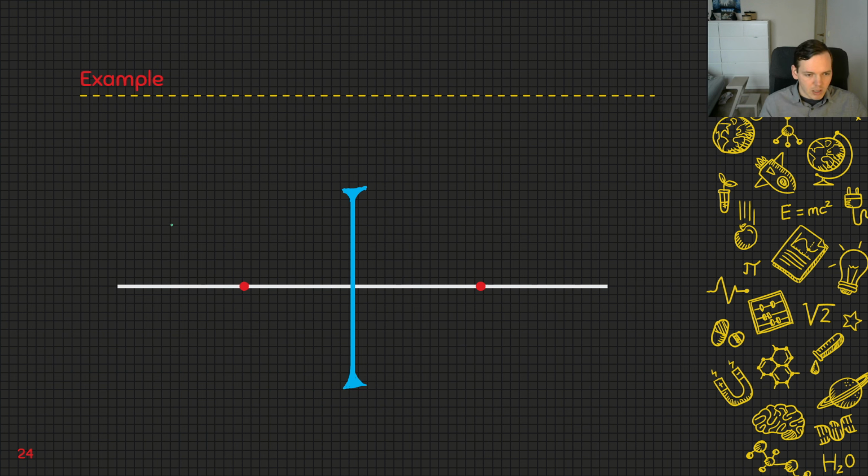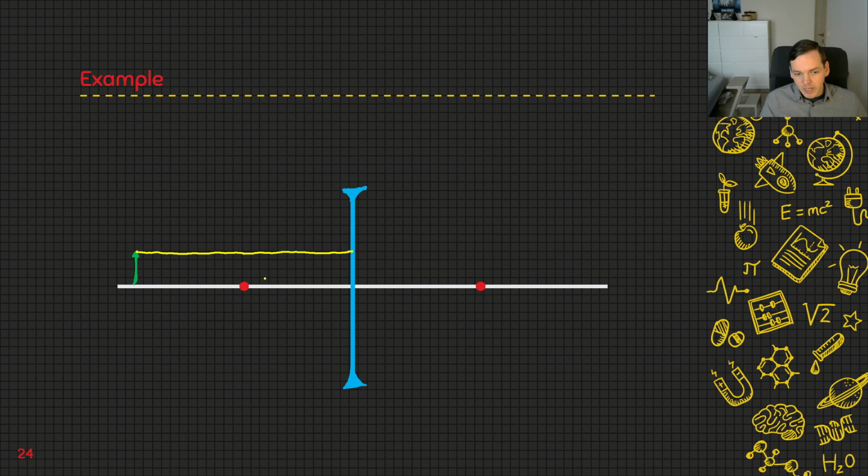So let's draw an object. Let's say we've got this guy here, an arrow like that. Now let's go through our 3 examples. First we have a ray that's going parallel to the axis, nice and straight.